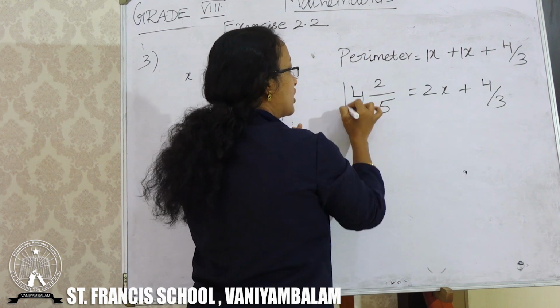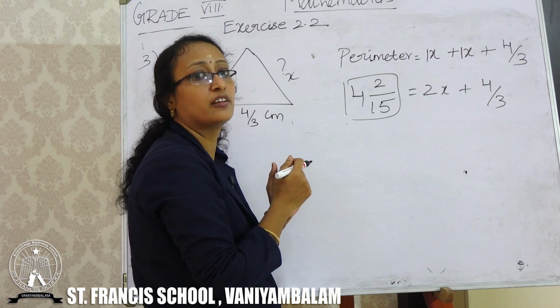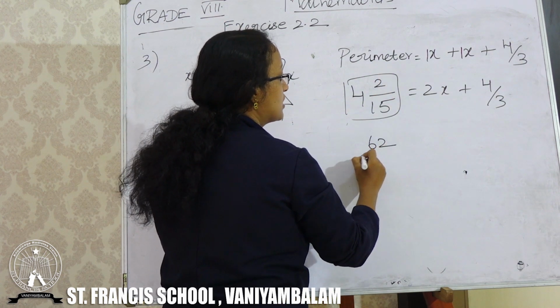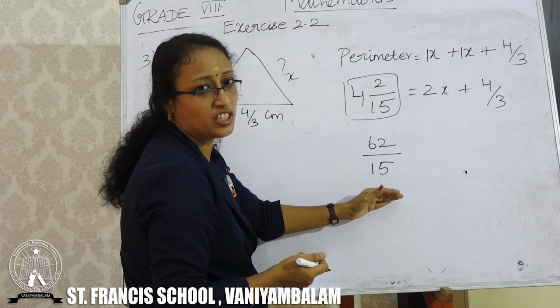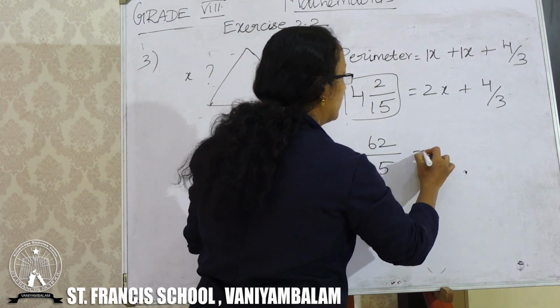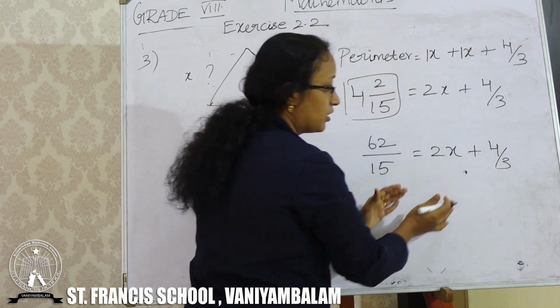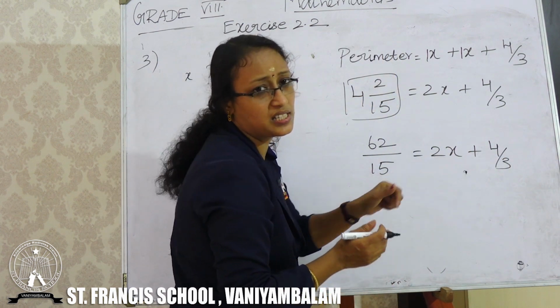This mixed fraction you can change to improper: 4 into 15 is 60, 60 plus 2 is 62, divided by 15. So you get the equation 2x plus 4 by 3 equals 62 by 15. After you got the equation, now your unknown variable is x.